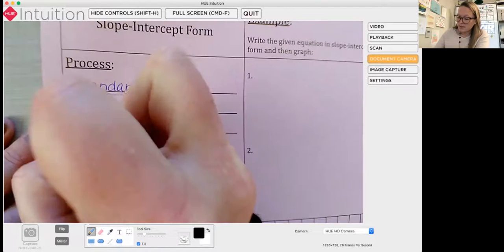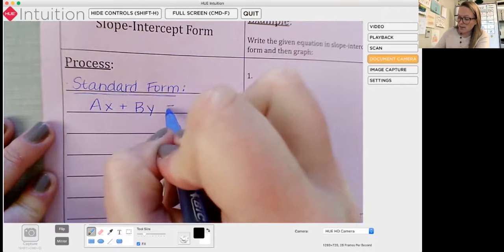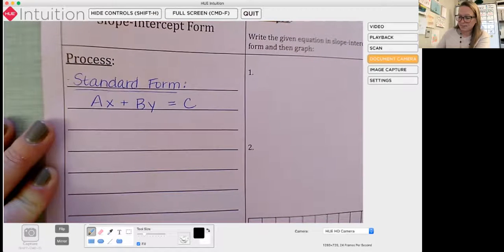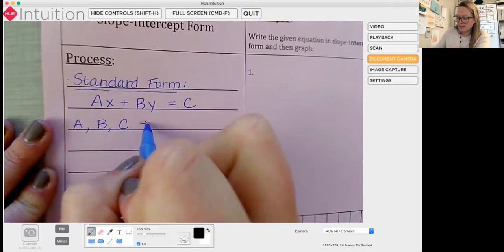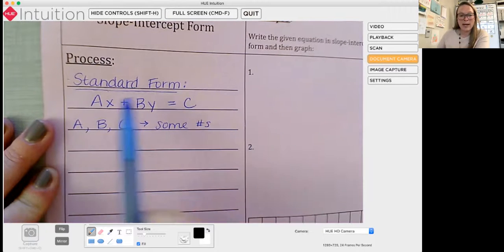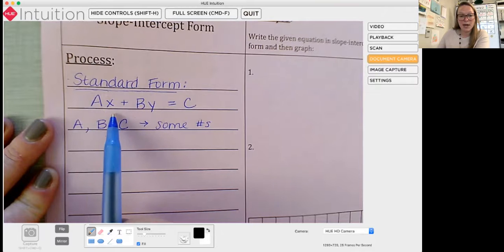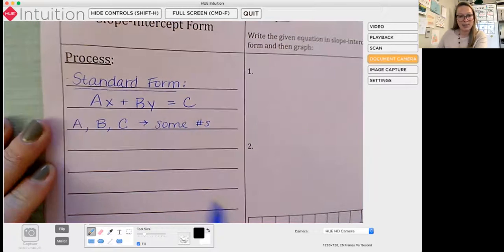So standard form is written as ax plus by equals c, where a, b, and c are all just some numbers. So a would be a coefficient for x, b would be a coefficient for y, and c would just be a number that's hanging out on its own.